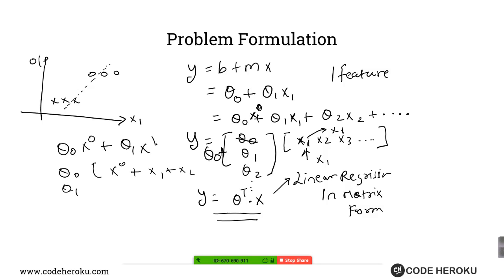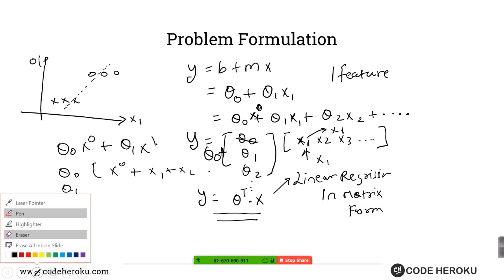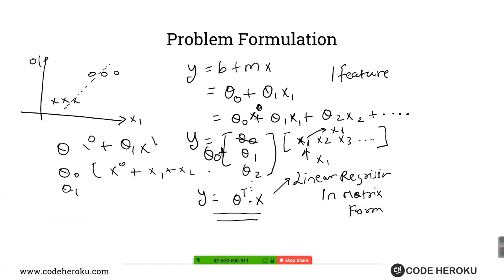Now will that work? Okay, so it's just the notation over there. So that gives us y is theta transpose times x. That is the linear regression in matrix form.